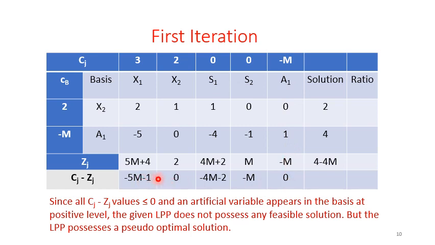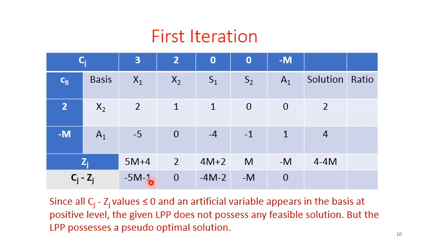So all Cj minus Zj values here, if you look at this, are less than or equal to 0, either negative or 0, because M is a very high value. So minus 5M minus 1 and minus 4M minus 2 are very high negative values. So all these Cj minus Zj values will be less than or equal to 0. So optimality condition is reached.